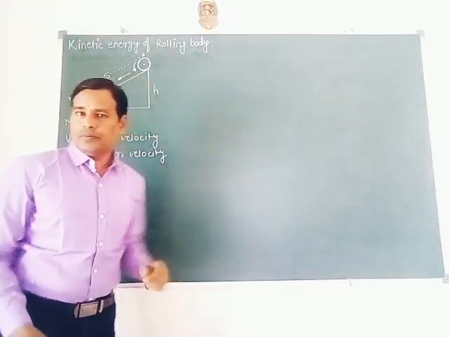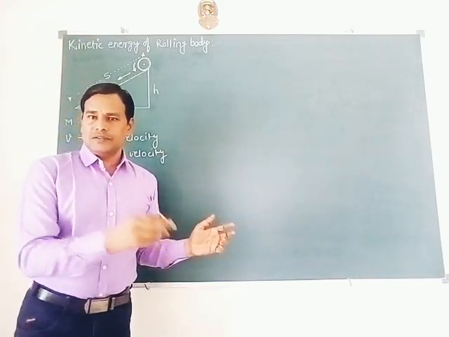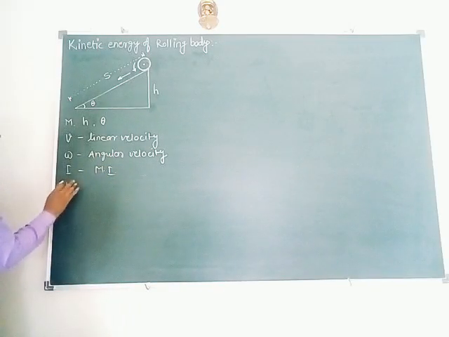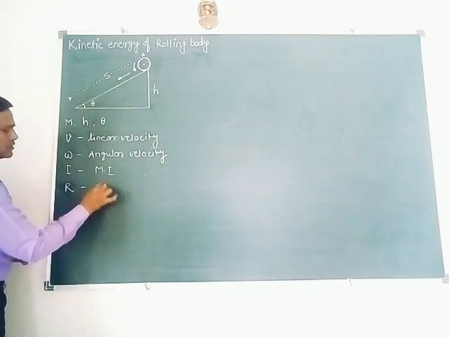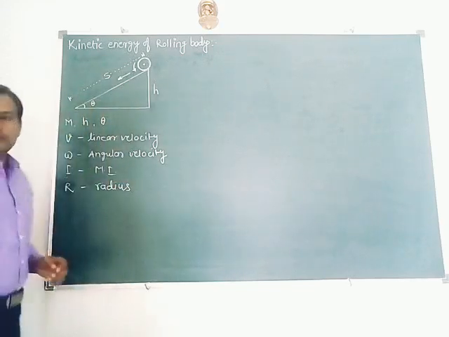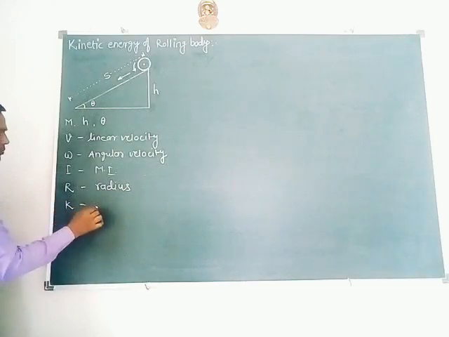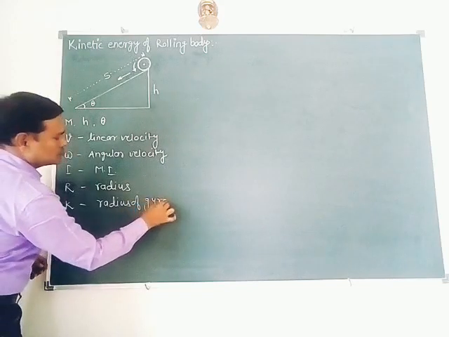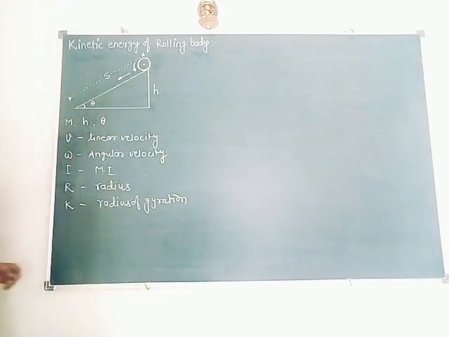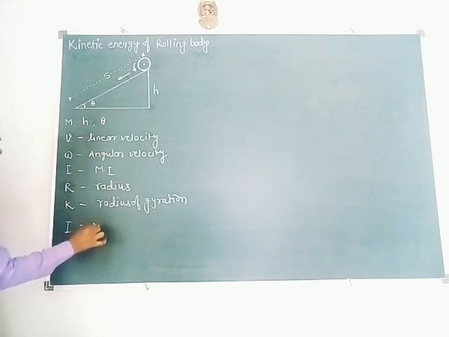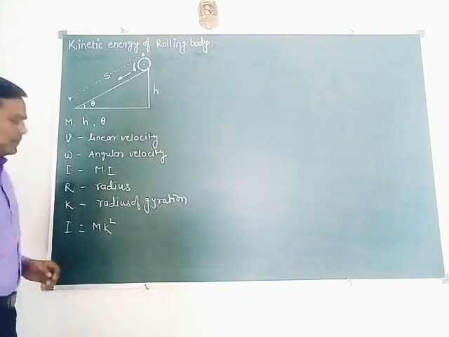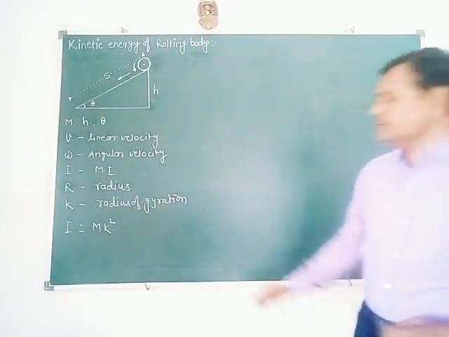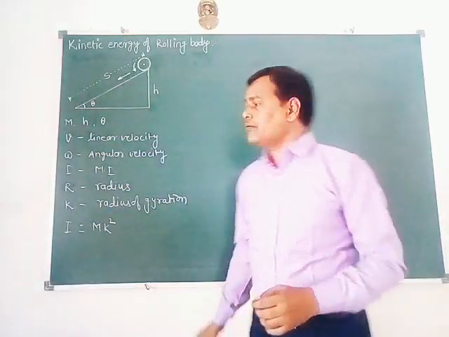It may have regular shape like sphere, ring, disc, cylinder, and so on. Let capital R be the radius of that object and K be the radius of gyration. Then we have I equal to m into k square. This is the moment of inertia of the object in terms of radius of gyration. So these are the physical quantities required.